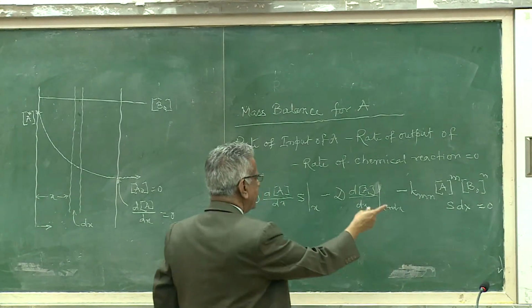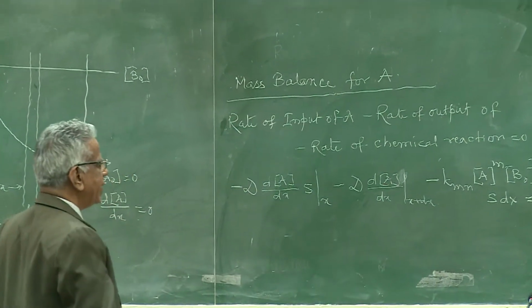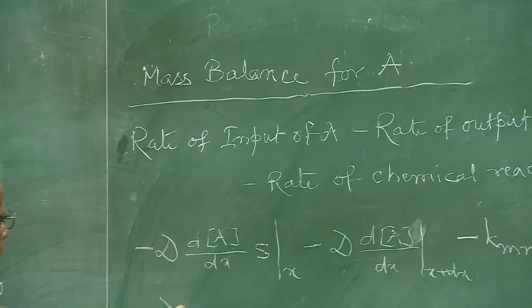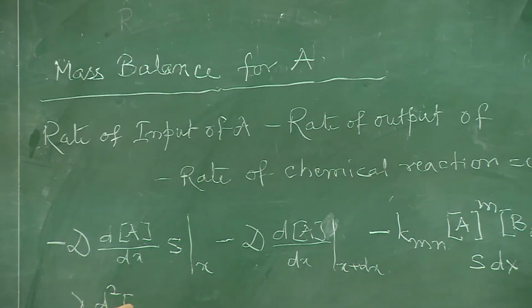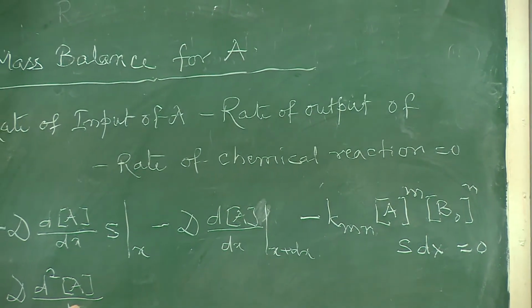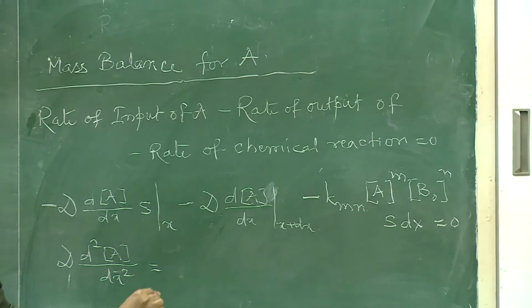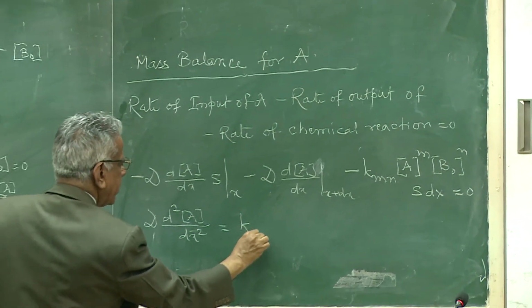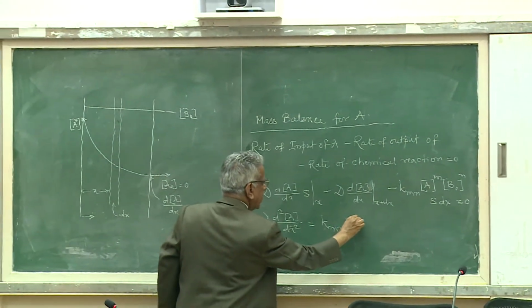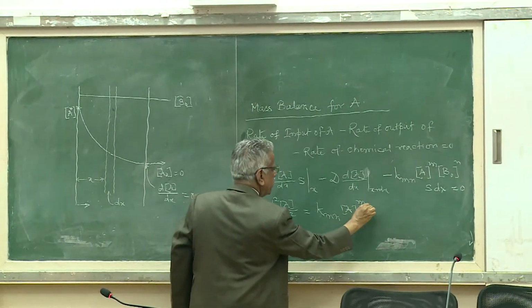We divide throughout by S dx and take limit tending to 0, and we get diffusivity d2A by dx square is equal to Kmn A raised to m B naught raised to n.